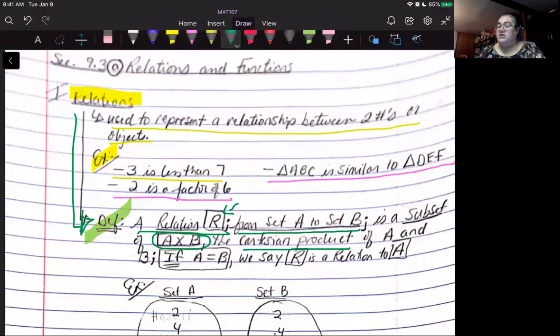So a relation R from set A to set B is a subset. It will always be, and this is important, a subset of the cross product.